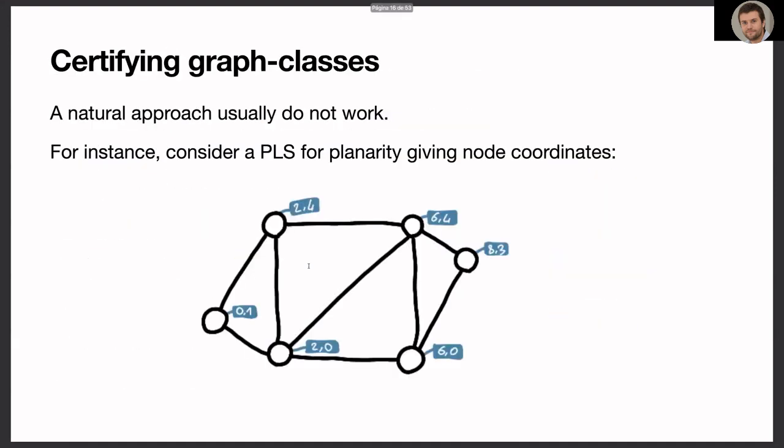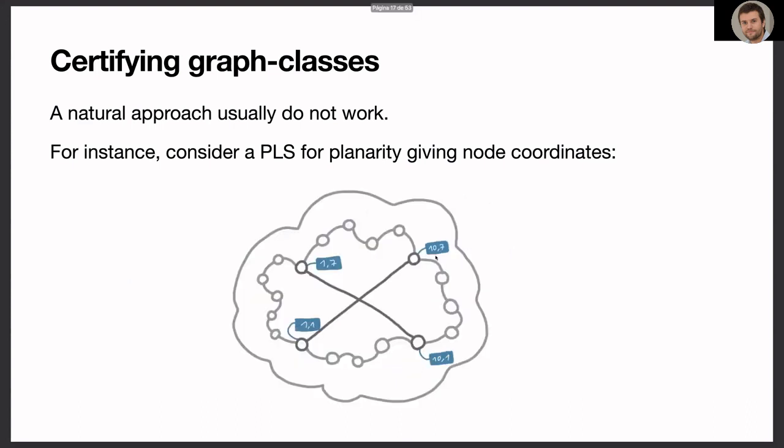Okay, so just before that, let me give an idea of why this certification is not trivial. For example, consider a PLS for planarity that just gives the coordinates of the planar embedding of the vertices, and suppose that we wanted the vertices to just check that the edges don't cross.